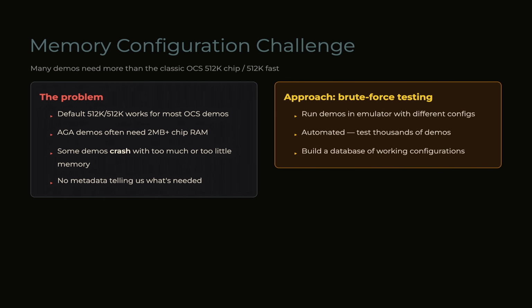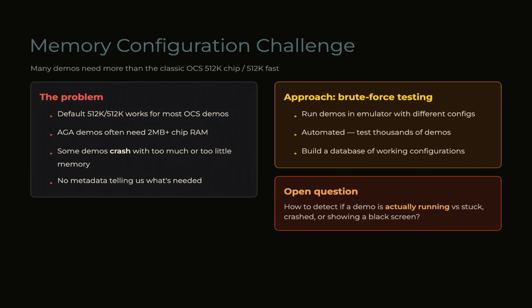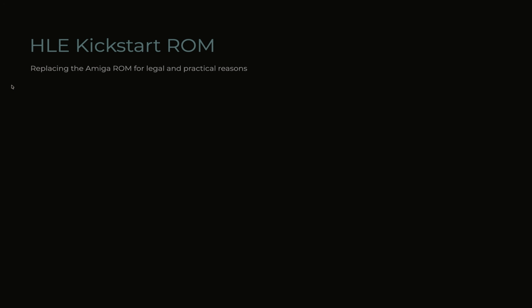That way I can have this inside my own database and know exactly what needs to be done, and which memory configuration is needed. But then the open question is how you detect when you're stuck, crashed, or on a black screen. There's a bit of complication in how to detect this as well, and this is something I need to look at. This is for Atari as well. So, fun things to sort out.